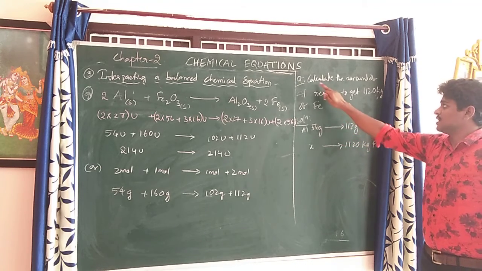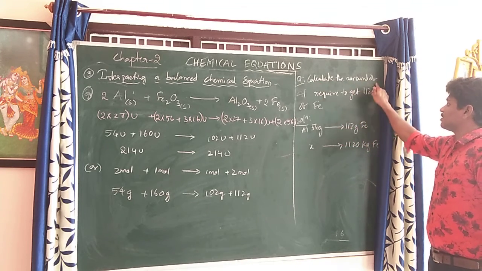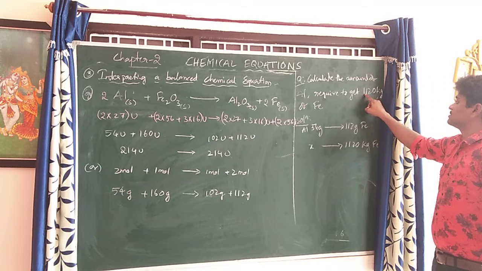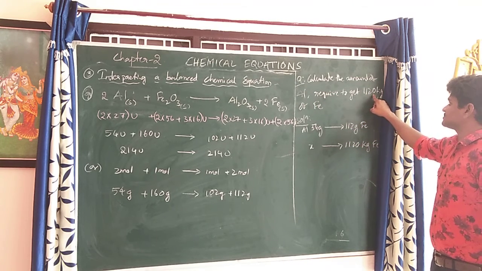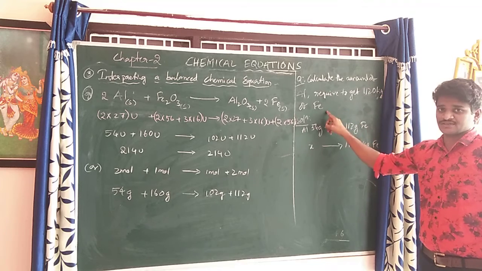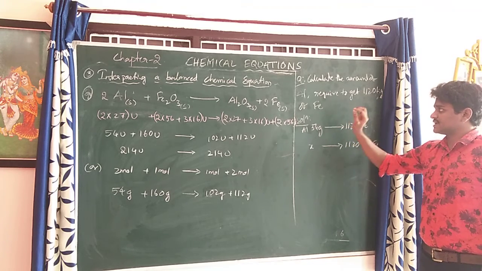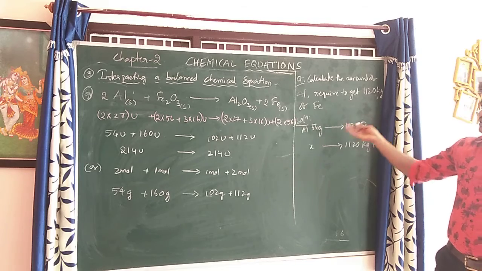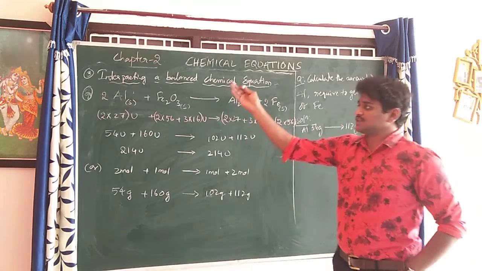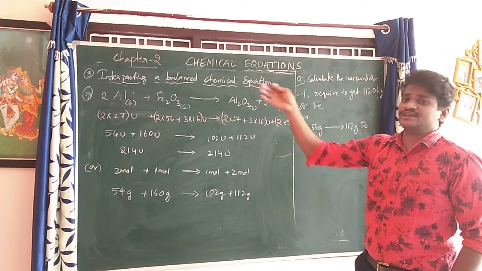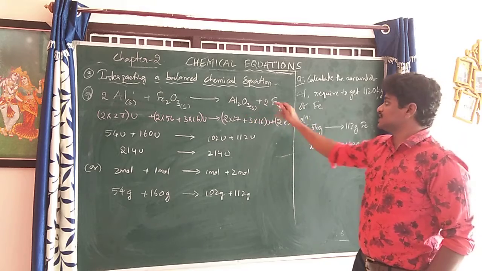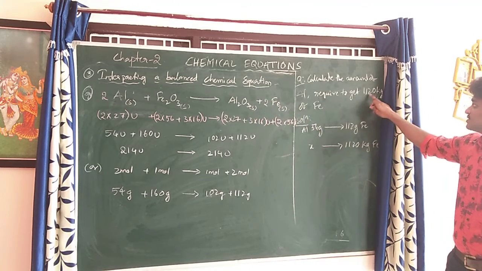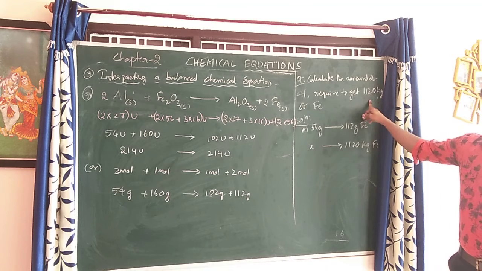Calculate the amount of aluminium required to get 1120 kilograms of iron. In the mines they take ferric oxide ore. So how many kilograms are required to extract 1120 kg of iron?